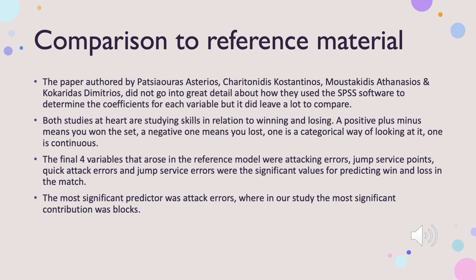One is a categorical way of looking at it, one is continuous. The final four variables that arose in the reference model were attack errors, jump serve points, quick attack errors, and jump serve errors. These are the significant values for predicting win and loss in the match in the paper that they constructed. Their most significant predictor was attack errors. As you saw in the last two slides, ours was blocks.